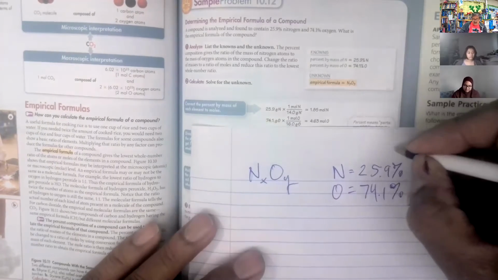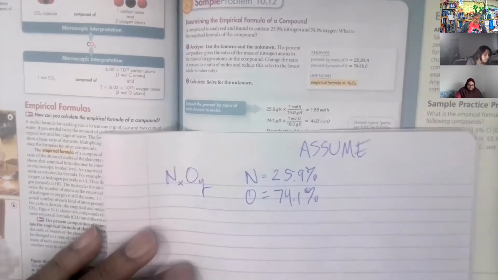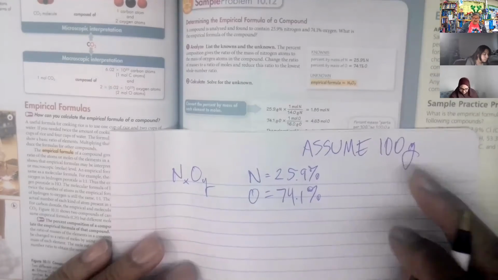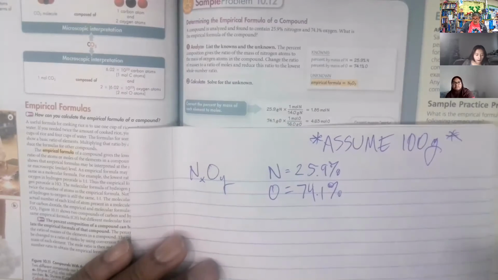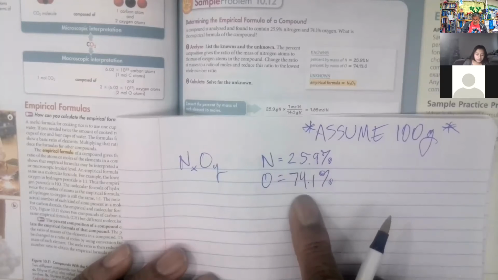This is a trick often used in chemistry, and you're going to assume certain things. So you're going to assume 100 grams. Why? Because if you assume 100 grams, that's the trick. So I'm going to put stars around it. If you assume 100 grams, then you can now call this 25.9 grams, and you can call this 74.1 grams.